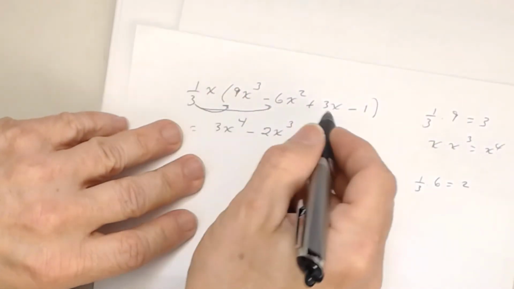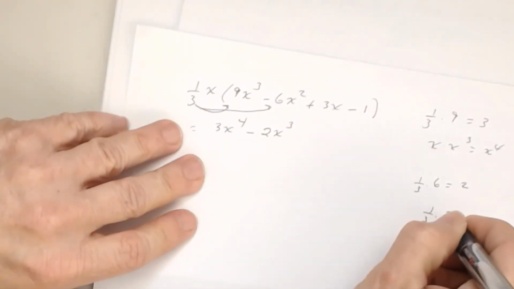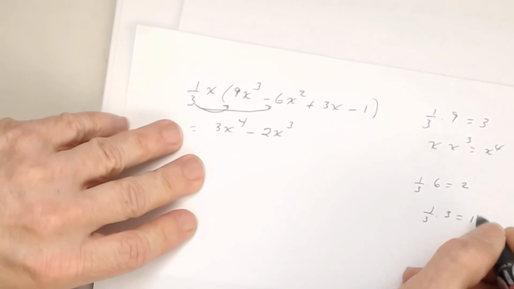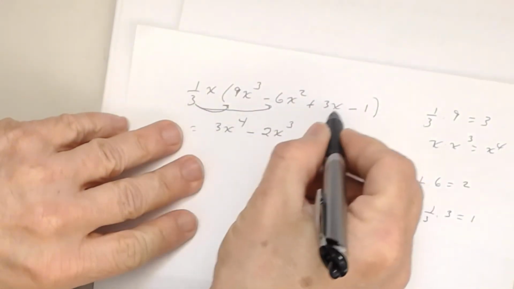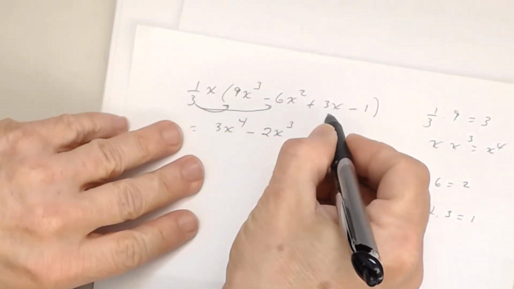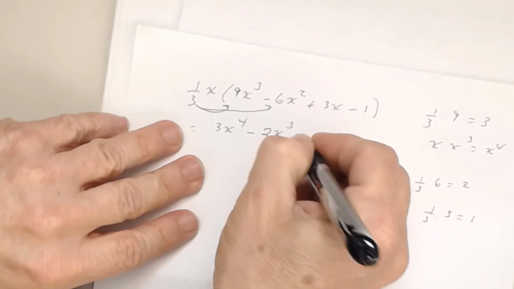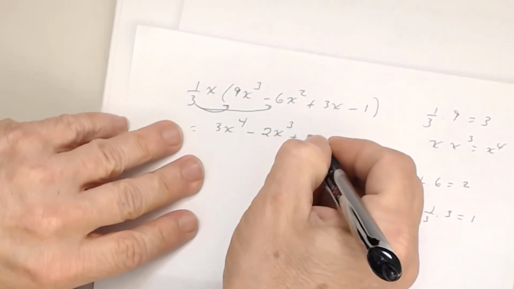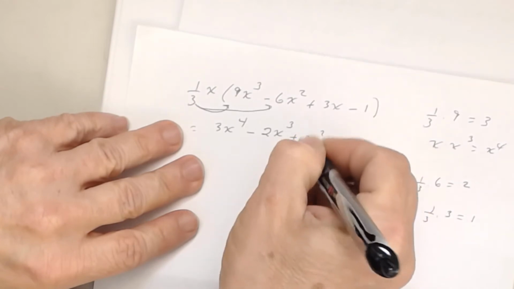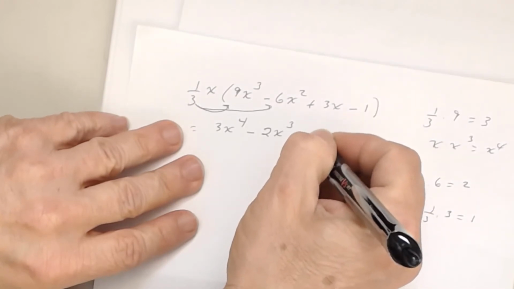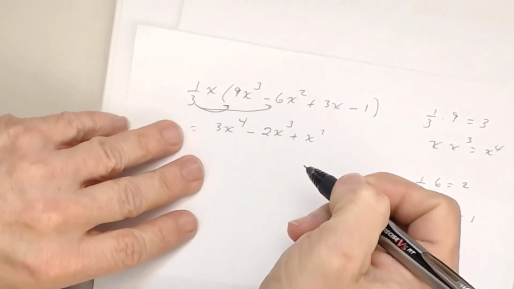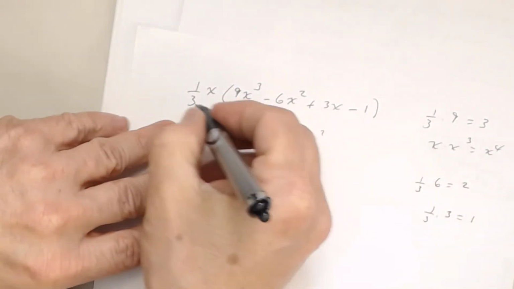Okay, what's 1/3 of 3? 1. But what's x times x? X squared. So you're just going to say plus x squared. Don't put the 1. Remember, it's understood to be a 1. All right, now the next one.